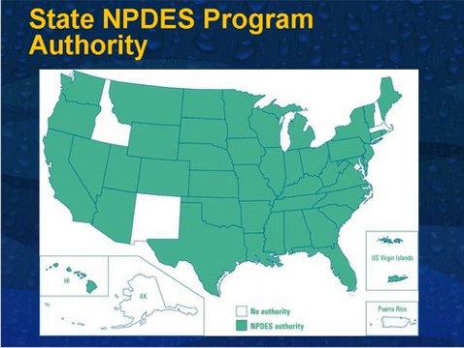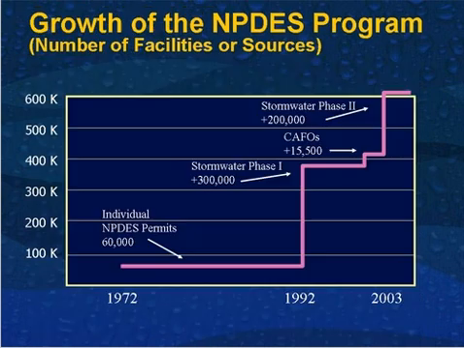And then with the stormwater program, as Nikos has said, it came in 1987. This graphic is just showing how the number of folks covered by the NPDES permit program has increased with the passage of the stormwater program. And that 1992 date is the date that EPA first issued its first set of general permits for the construction and industrial facilities. So there was a spike in 1992, and then it kind of leveled off.